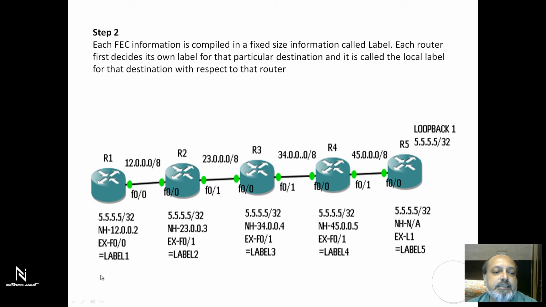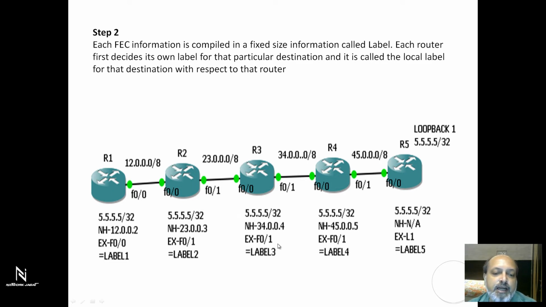Say label 1 is the label created by R1, label 2 is created by R2, label 3 is created by R3 and so on. These labels contain the next hop and exit interface for the respective routers. So label 1 contains information for R1, label 2 for R2, label 3 for R3 and so on.